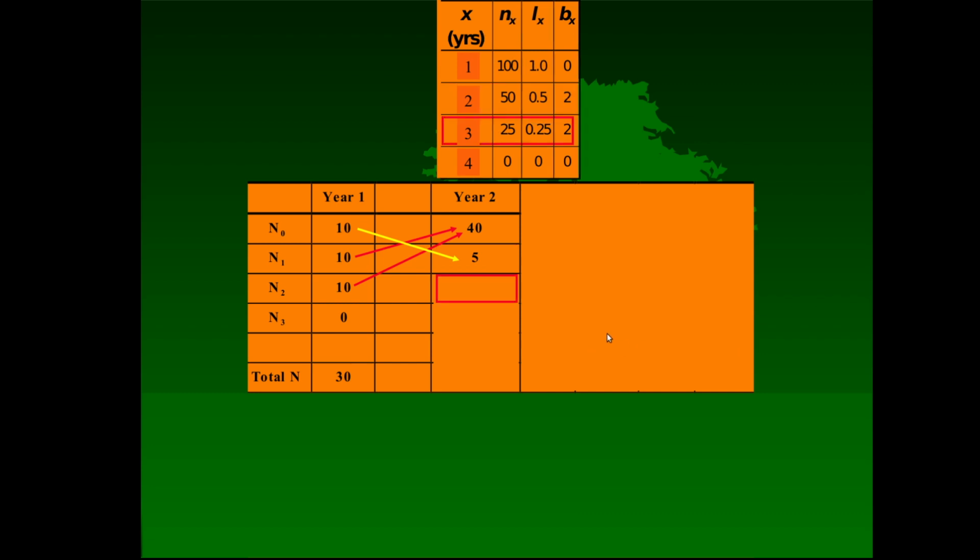Same argument applies to the next age. These can only come from age 1, but the survival from age 1 to 2 is 50%. So we get 5 again there, 5 at this age in year 2. And the same for the last age group, we're going to have 0 there. So we have 50 individuals now, in the second year.